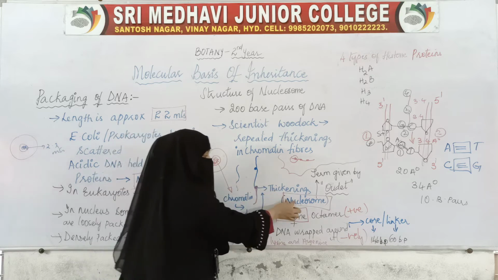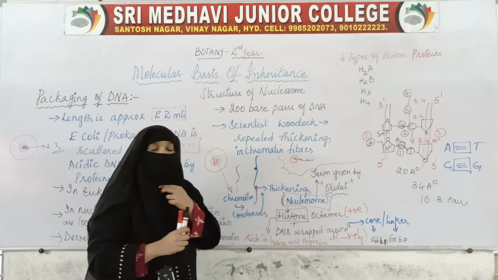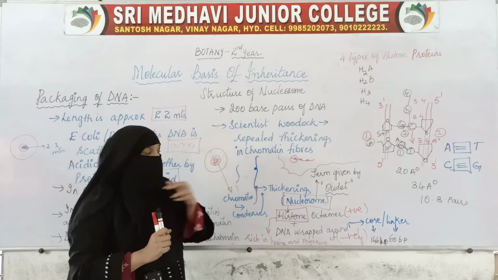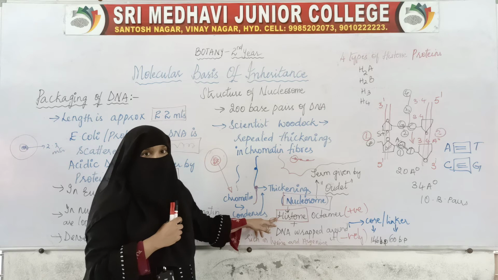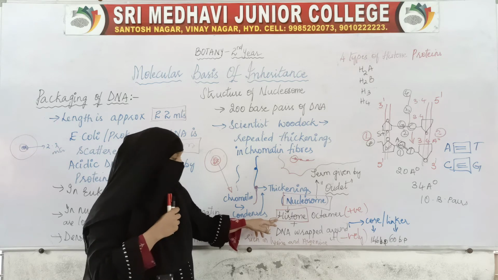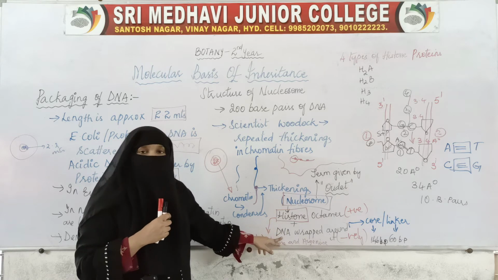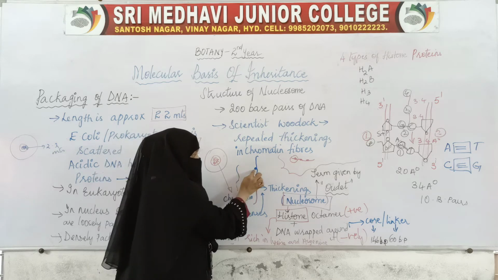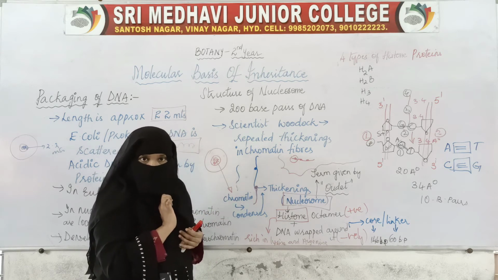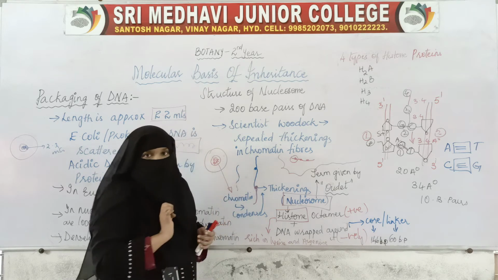So now let us see what is inside these thickenings. What actually is the nucleosome made up of? The nucleosome is made up of histone proteins plus DNA wrapped around it. We said that when chromatin condenses, we find these thickenings. What is inside this thickening, the nucleosome?